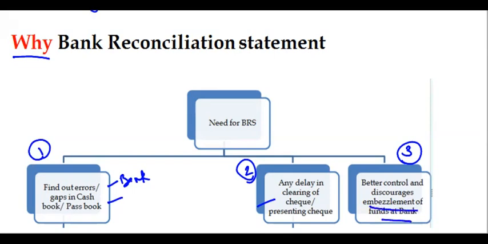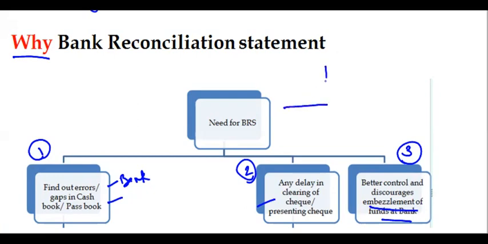We get to know about any fake transactions, or any transactions through which funds have flown out which we have not entered. Such fraudulent transactions we will also get to know about if we prepare the bank reconciliation statement on a periodical basis.